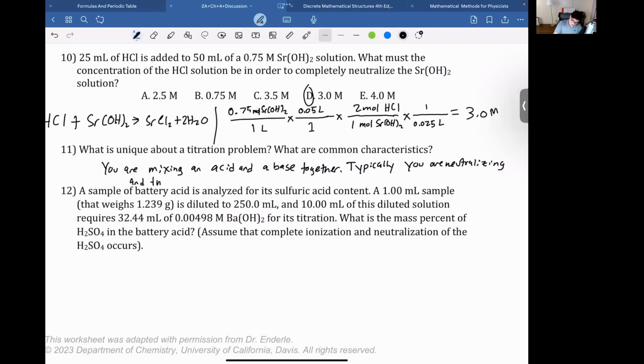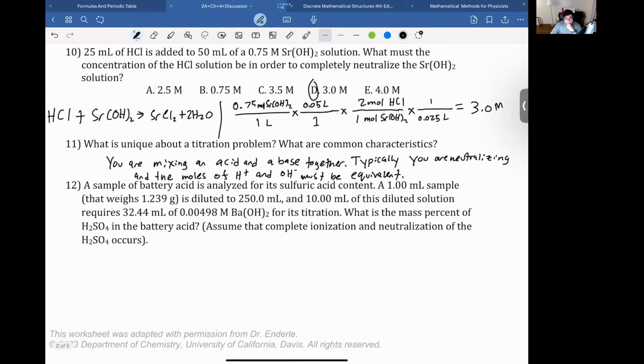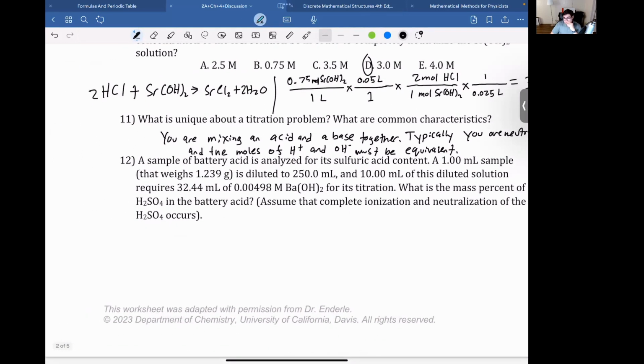And the moles of H plus or H3O plus and OH minus must be equivalent to neutralize, right? So that's the common type of thing. Yeah, generally you're doing stoichiometry.